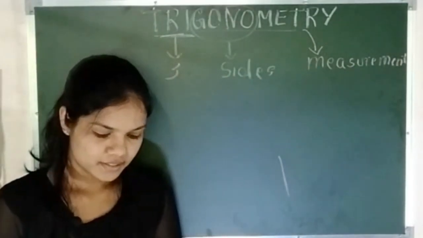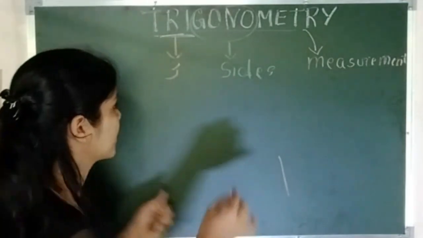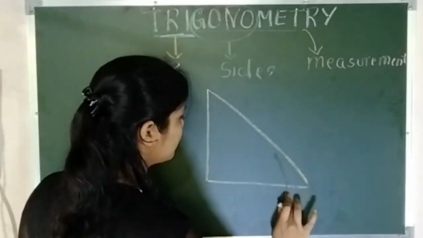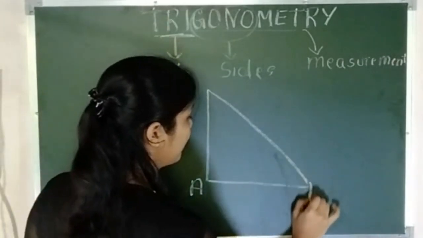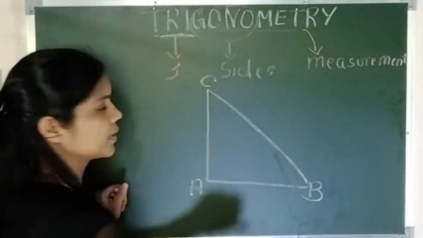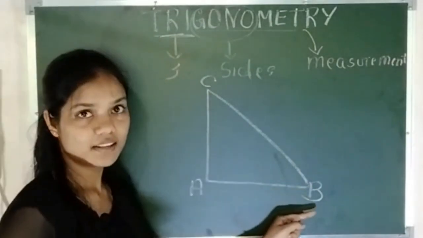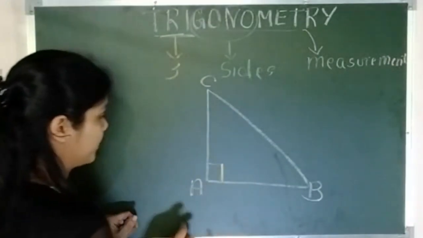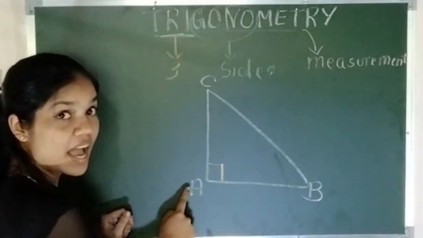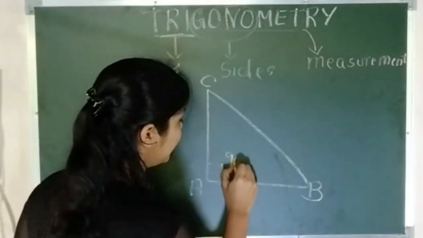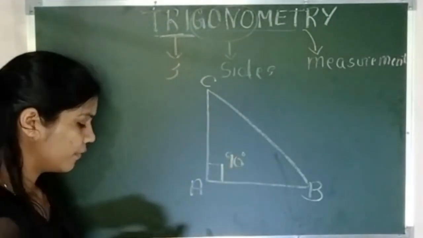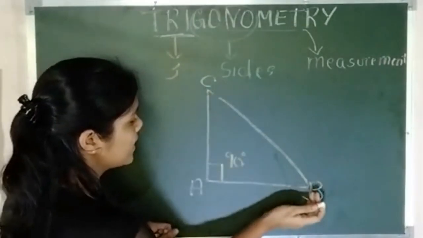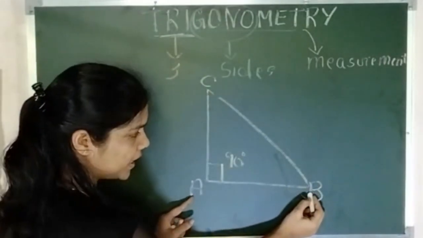If I consider a right angled triangle ABC, which is right angled at A, that is, the angle at A is 90 degrees. We know that this side BC makes some angle with the side BA.